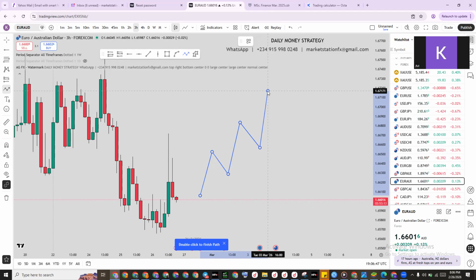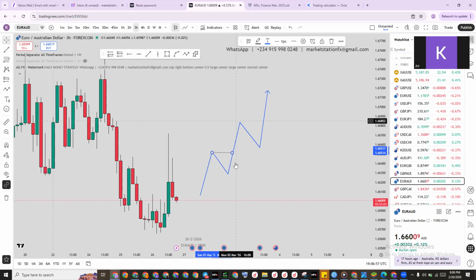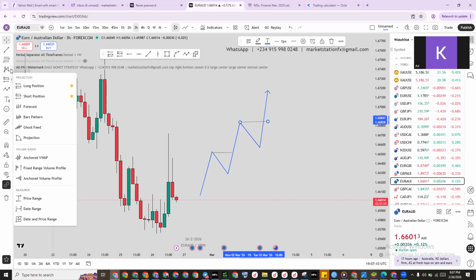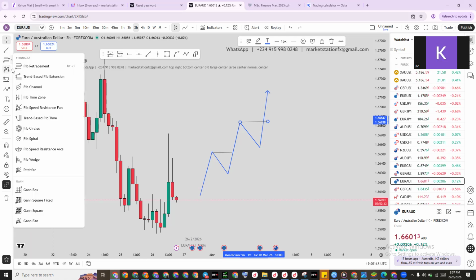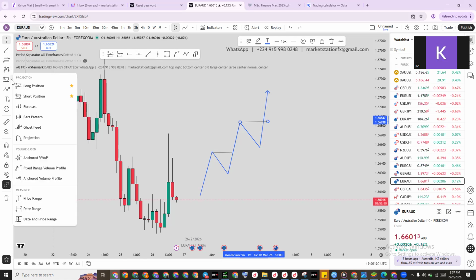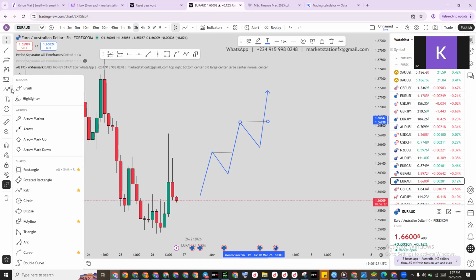When we have a break of structure here, we say a new range has been created, right? So we have another break of structure here. This is a new TradingView, so I've not fully customized it. I'm trying to pick essentials.